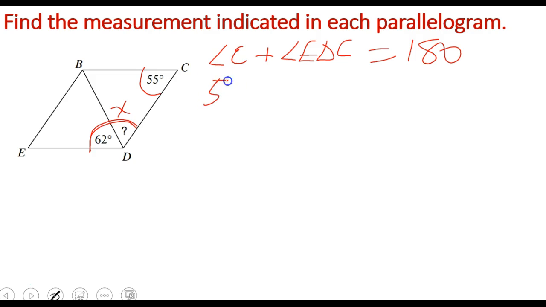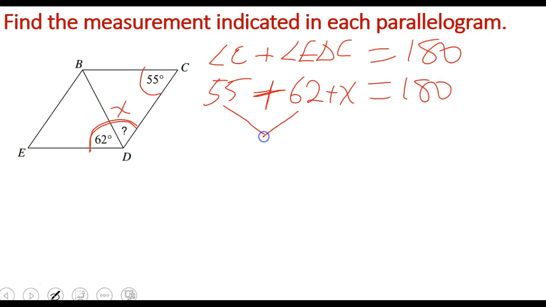So we know angle C is 55 plus angle EDC is 62 plus X together equals 180. We can add those two together: 117 plus X equals 180.